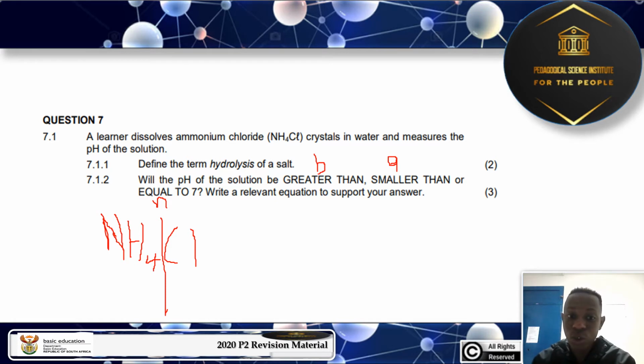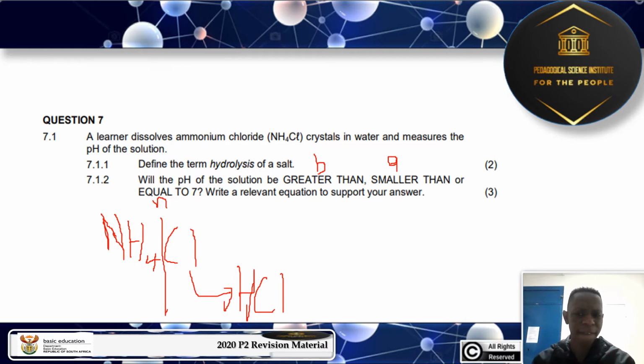For these two to combine, an acid reacted with a base to form this salt. Which acid has Cl? This acid is hydrochloric acid.